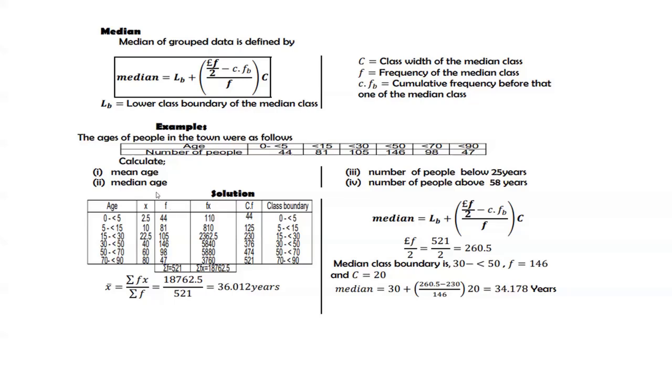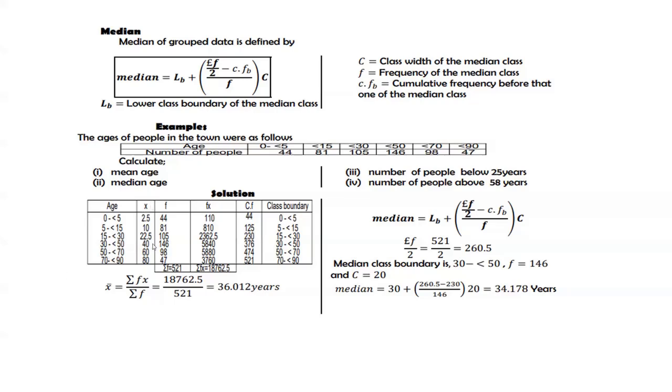So they are asking us to calculate the mean. What we are going to do is generate our frequency distribution table. Then we have age. So we have 0 to less than 5, then 5 to less than 15, 15 to less than 30, 30 to less than 50.